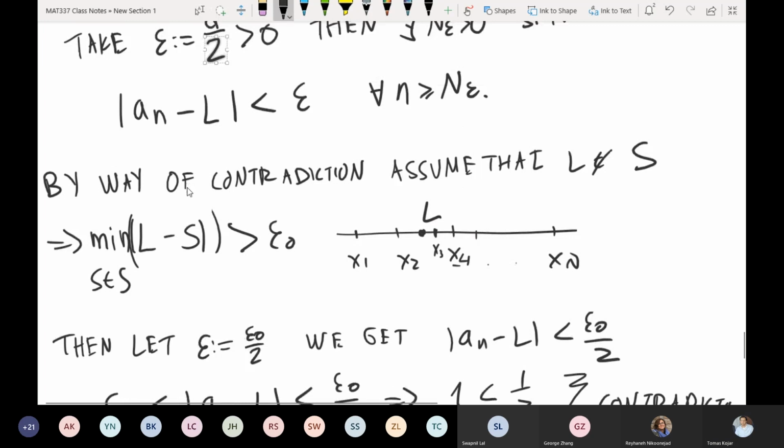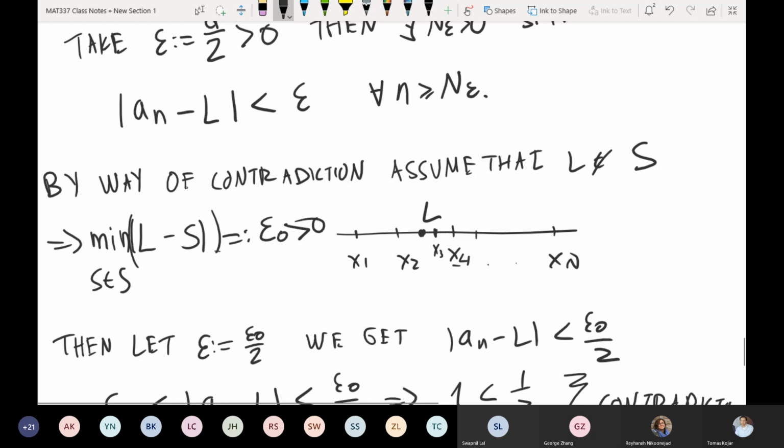So because L is not in S, we know that there's a minimum distance. If you like, I will write it like this. Take epsilon naught to just be the minimum distance, because L is not in S, so there is a minimum.